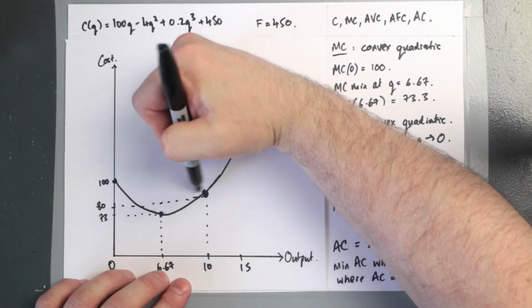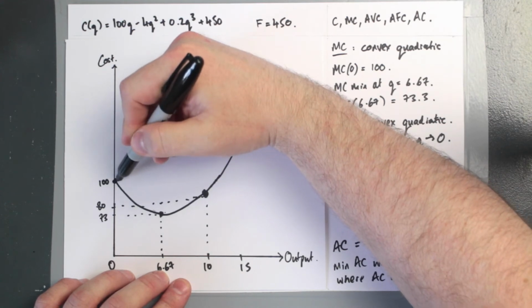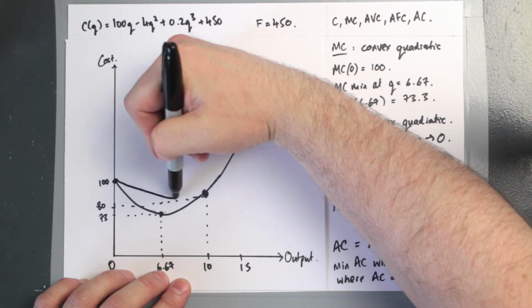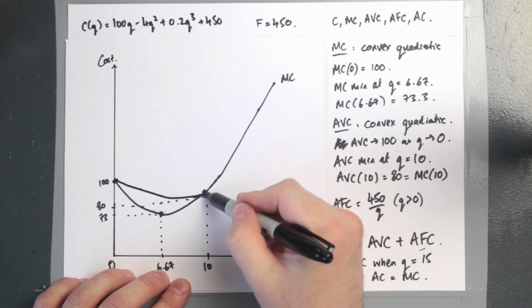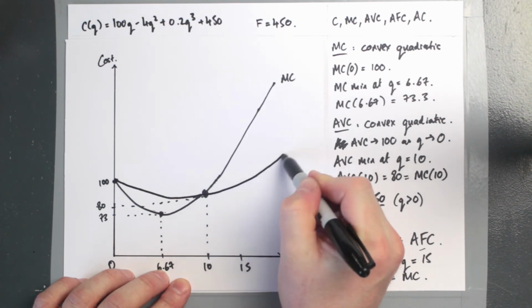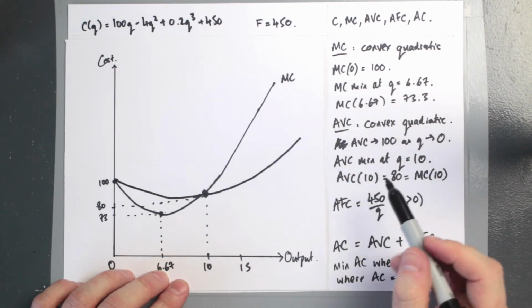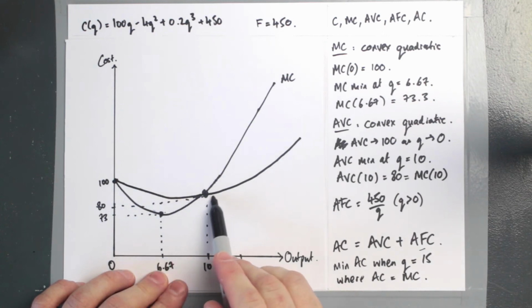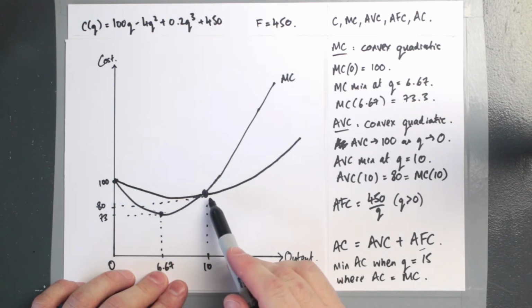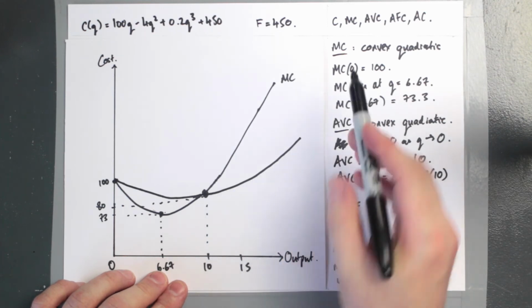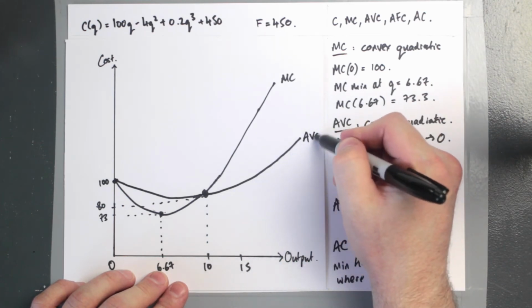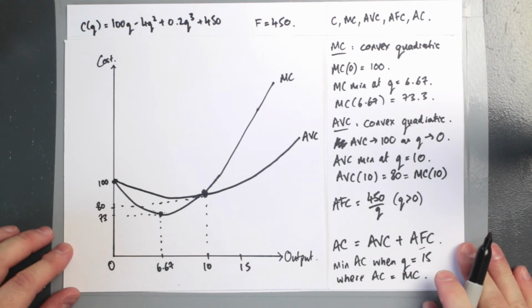So it's going to come down to this point here and then start increasing afterwards. Okay. So it should come down smoothly, reach the minimum value at 80 and where output is 10 and then start increasing afterwards. So that's our average variable cost curve.